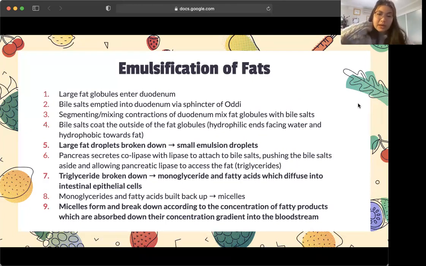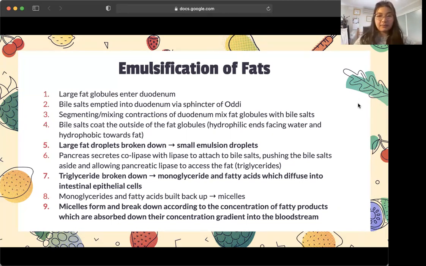It gets to the fat droplets before pancreatic lipase does, and breaks it down into smaller emulsion droplets because it has a hydrophilic and hydrophobic bit. This means your pancreatic lipase has more surface area to act on that fat droplet. So it breaks that triglyceride down into a monoglyceride and fatty acids, actually 3 fatty acids, which can diffuse into the intestinal epithelial cells.